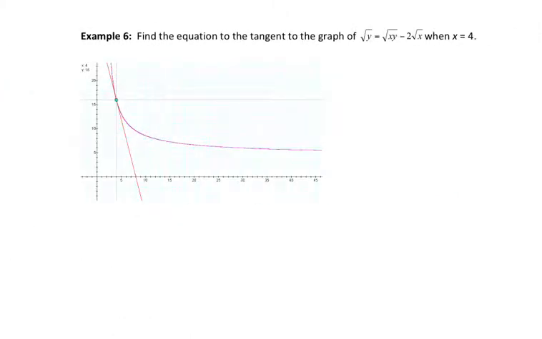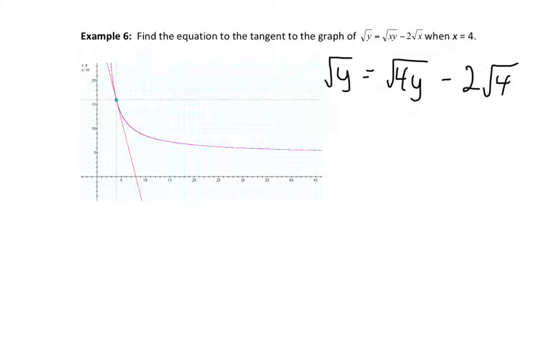Okay, so here we have a graph of this crazy function at x equals 4. So there we are. Here's our point. Notice that if x is 4, we can figure out the y. So root y equals root 4y minus 2 root 4.